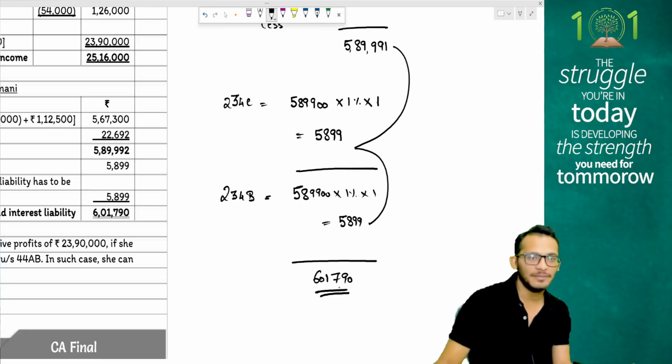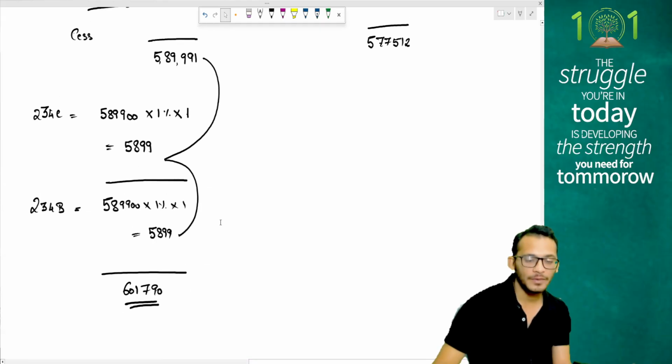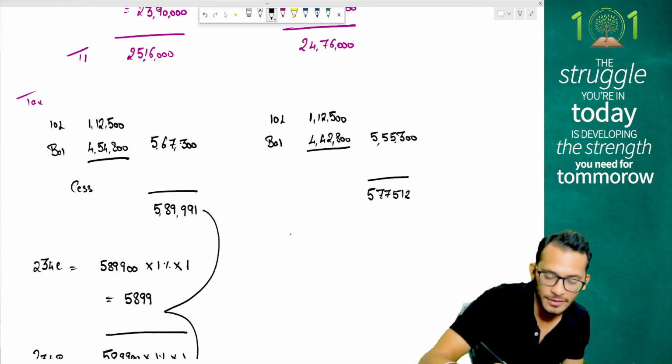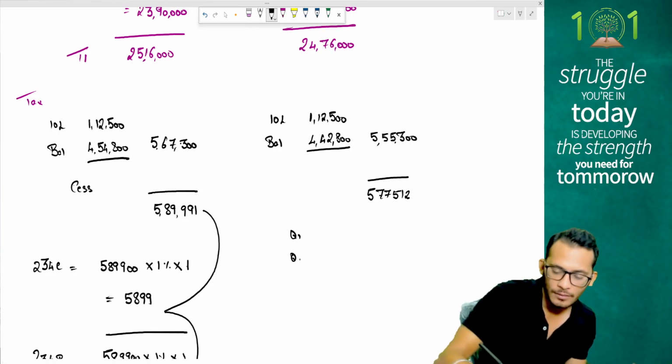Final tax payable. On the right side, people, if I'm doing normal, I have a problem. I have to do 234C in quarters. So I'm doing quarter 1, quarter 2, quarter 3, quarter 4.